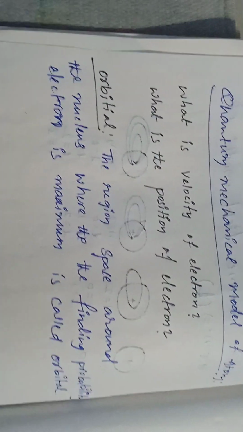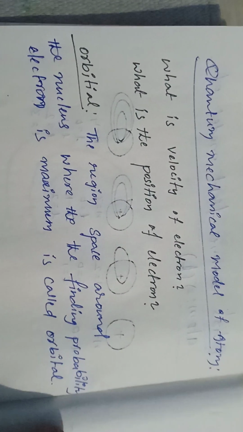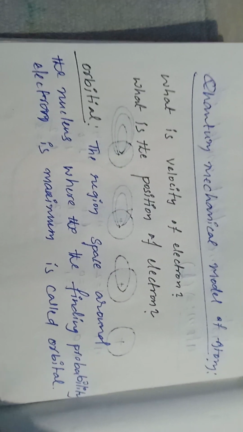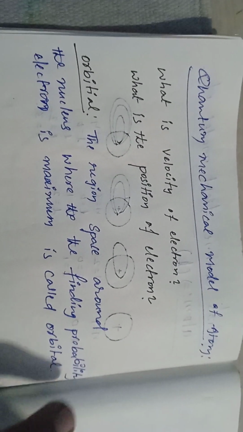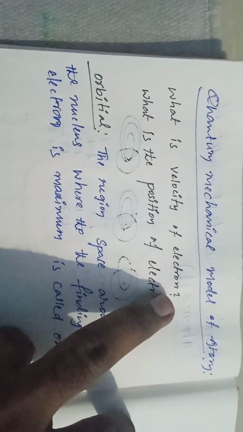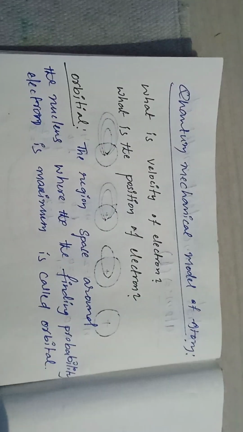So let us discuss the quantum mechanical model. According to Bohr's model, the electron revolves around the nucleus in a definite path, that is circular orbits. This raises two questions: what is the velocity of the electron, and what is the position of the electron?